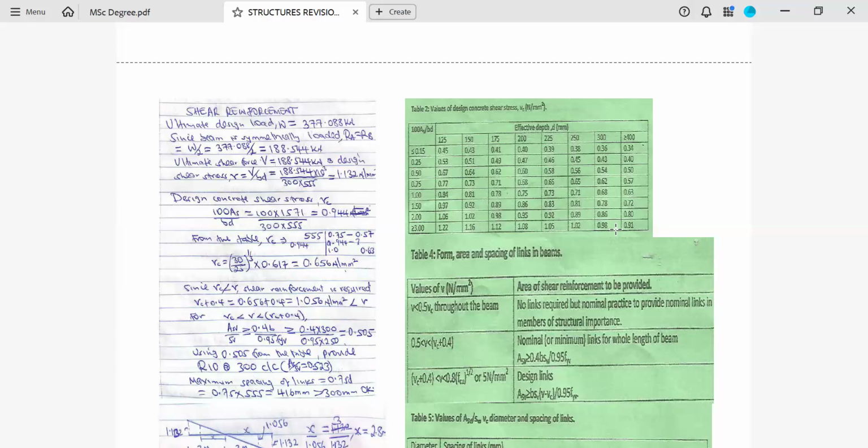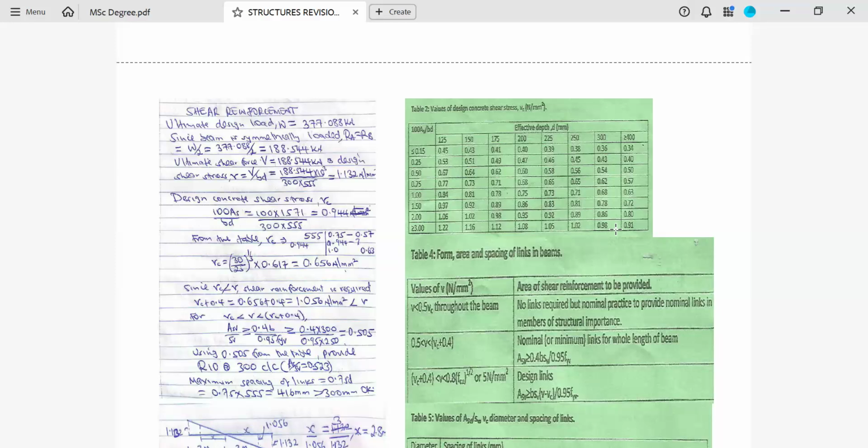Now remember, the value of design shear stress should never exceed either 0.8 root of the strength of concrete or 5 Newton per millimeter square. Whichever is less of the two, the value of design shear stress should not exceed any of them.